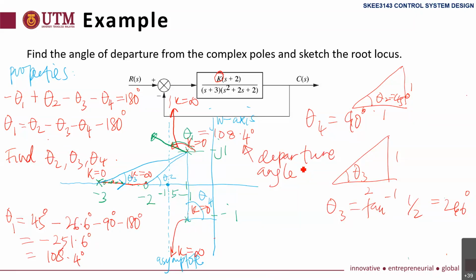You can also calculate for the second one, because we have two complex poles here, but they are always symmetrical. So here will also be 108.4 degrees. We normally calculate only once.